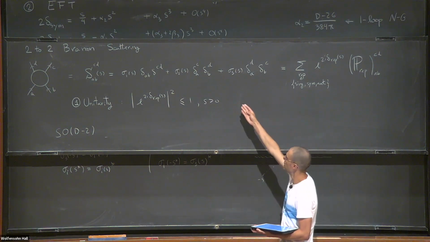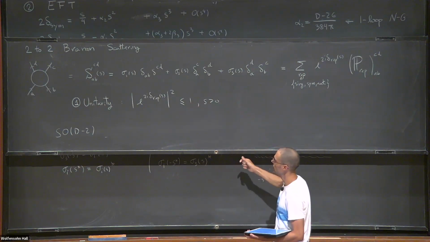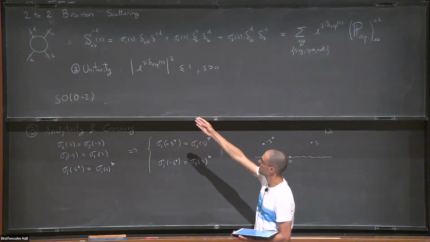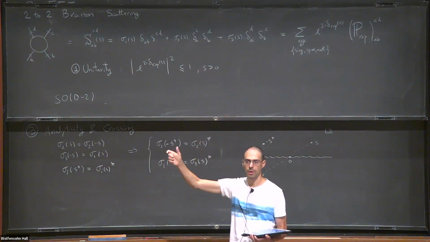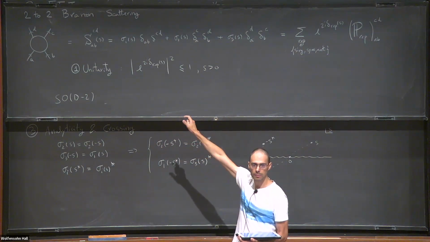You can write it in terms of tensor structures using this basis, sigma 1, sigma 2, sigma 3. That's very convenient because it's the simplest basis to study crossing. When you permute particles, you permute the flavor indices and the momenta.